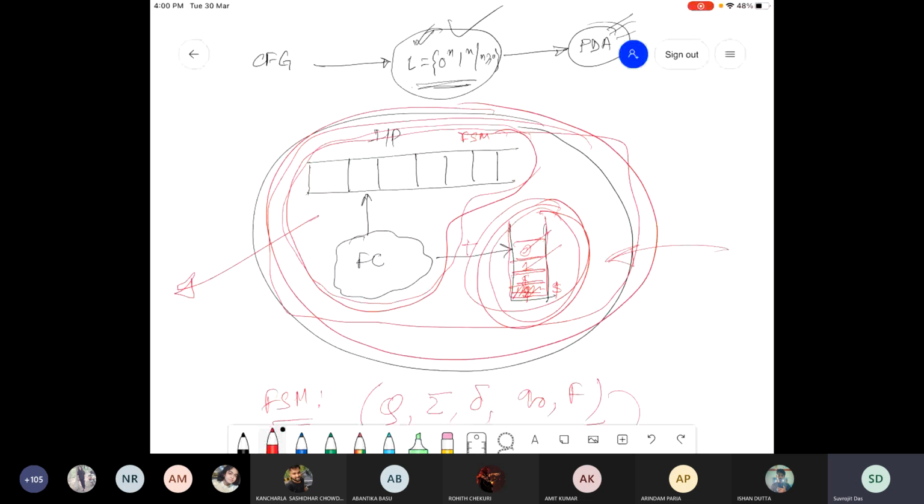For example, you are in some state Q, you look at the input symbol A, and the top of the stack is B. Together you design: if you are in Q, the input is A and the top of stack is B, then you may go to some state P, by either a push operation or a pop operation on the stack. These are the only two operations that you are allowed. So you can write that I can go to some state P with some remaining gamma on my stack. This defines a transition of your PDA.